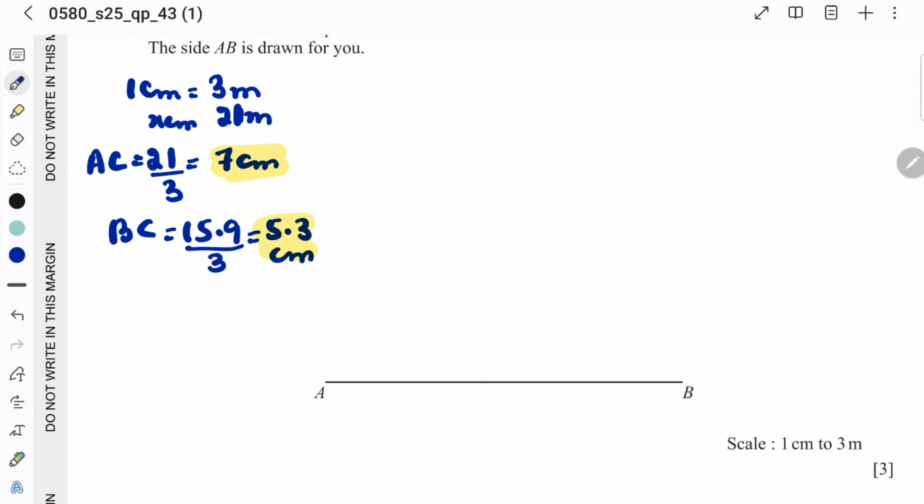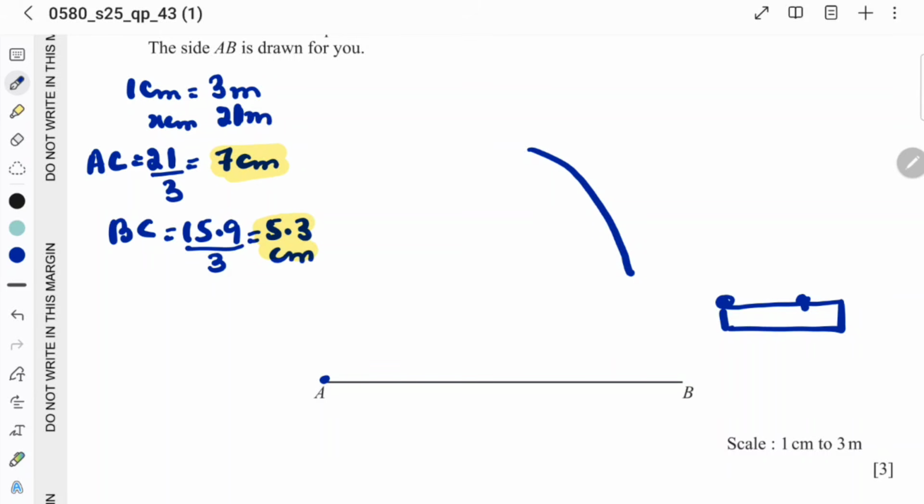After the AB line, you know that A to C is 7 centimeters and B to C is 5.3. Take your ruler and compass and measure 7 centimeters on your ruler. Keep your needle at A and draw an arc of 7 centimeters.